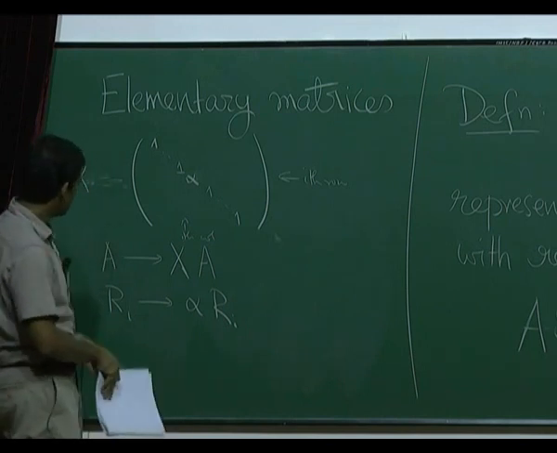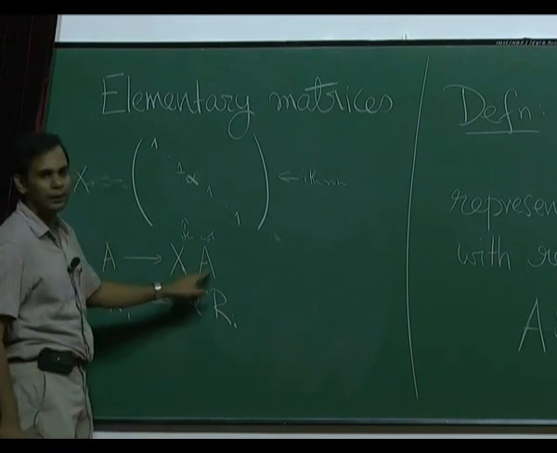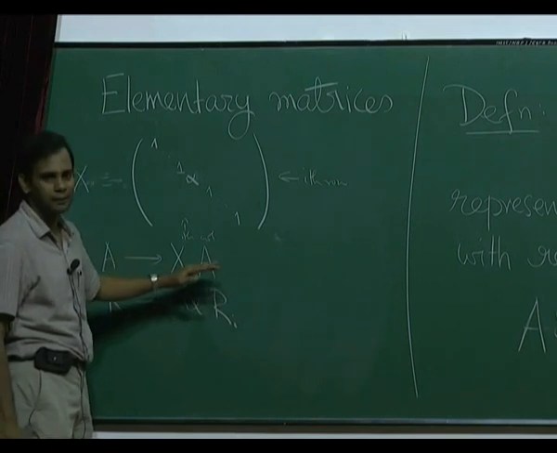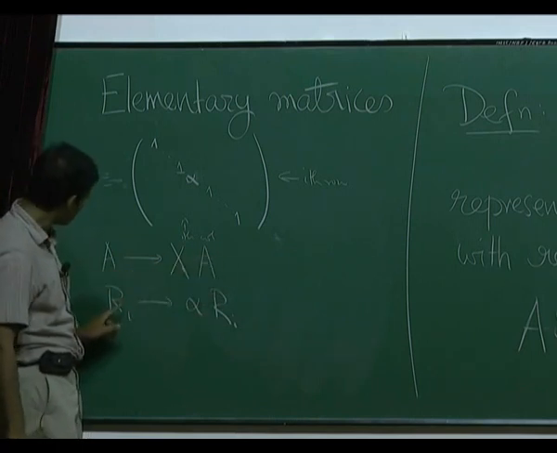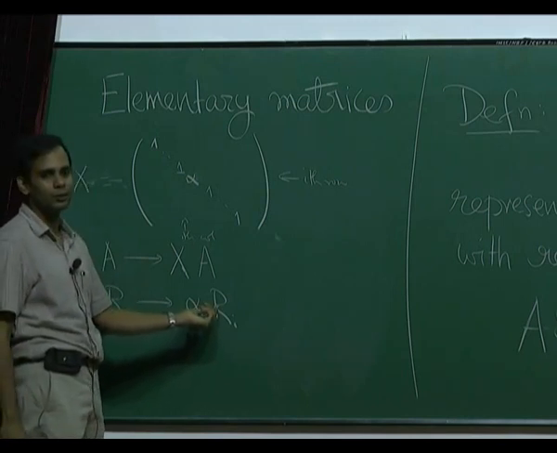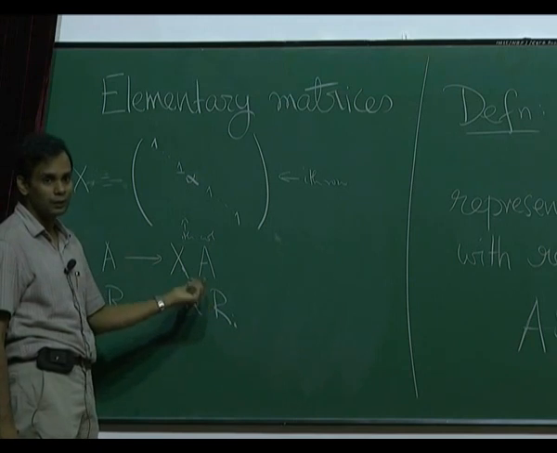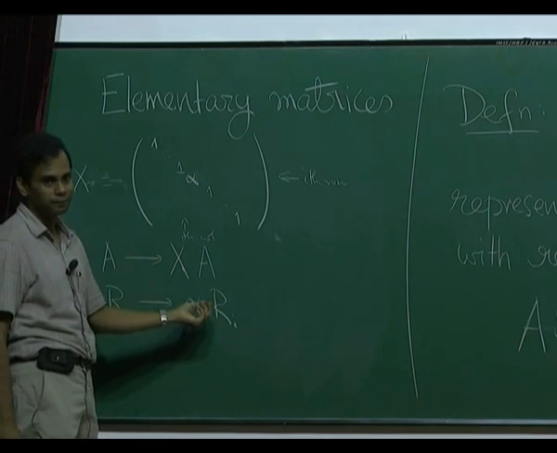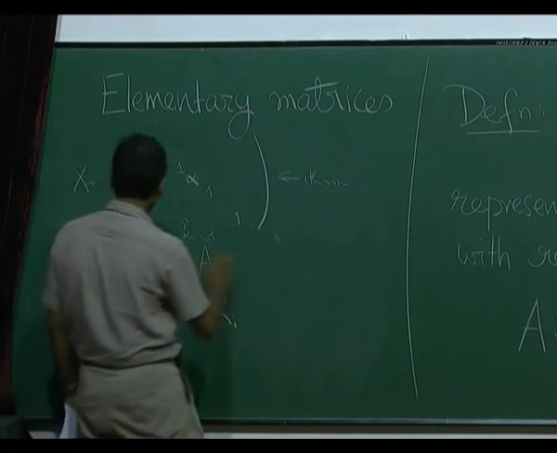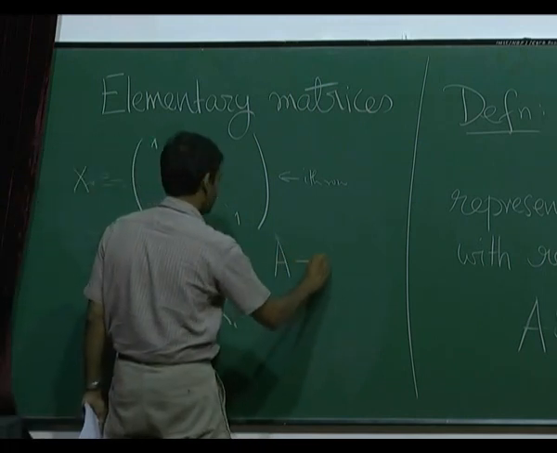Certainly A is equivalent to XA, because I can take Y to be identity. So every matrix is equivalent to the matrix obtained by multiplying any of its rows by a non-zero alpha. If this is 0, then this is not non-singular. There is another thing you can do: A goes to AX.